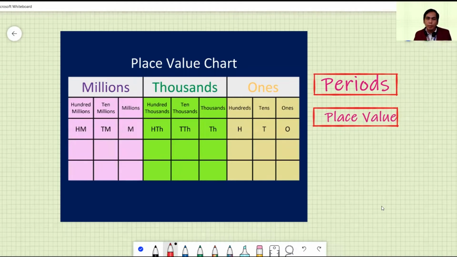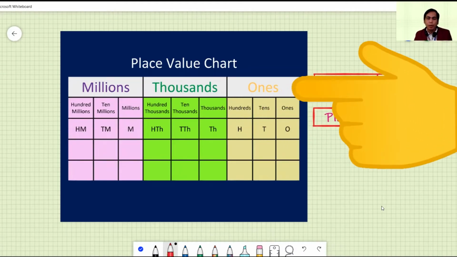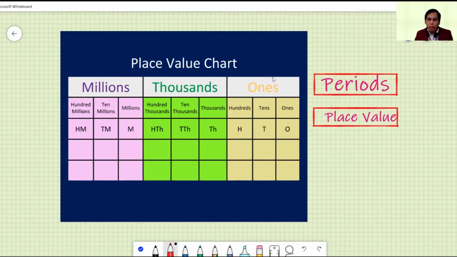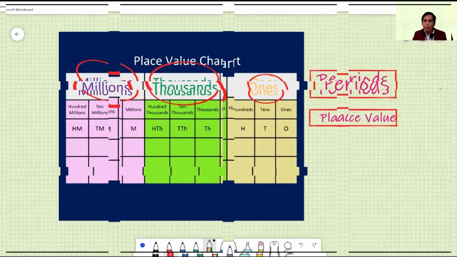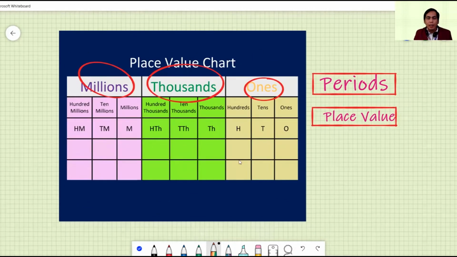If we start from the rightmost part of the chart, we have the first period, which is the ones, followed by the thousands, and then we have the millions. Each period is also divided into three smaller columns to represent the place value.